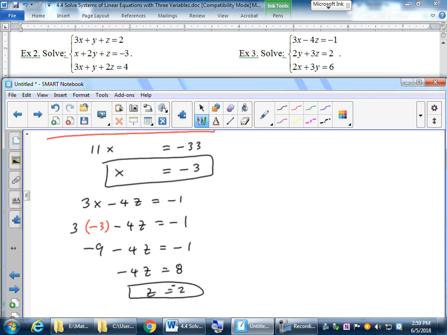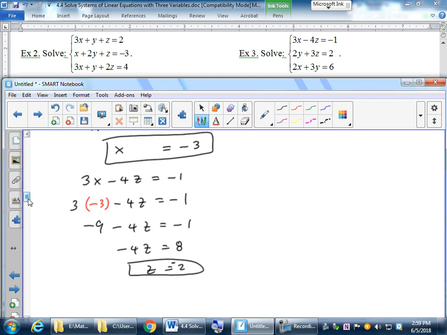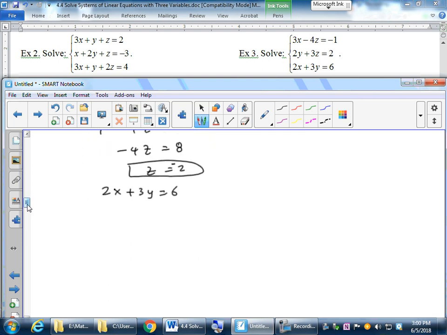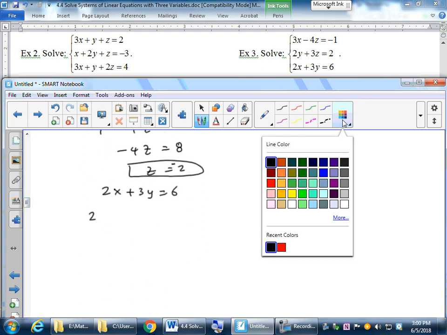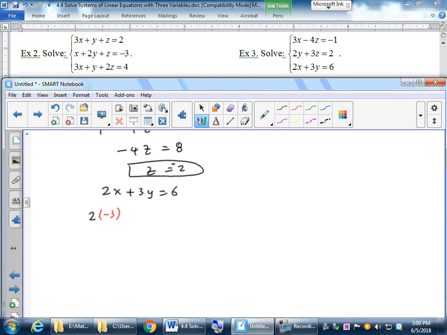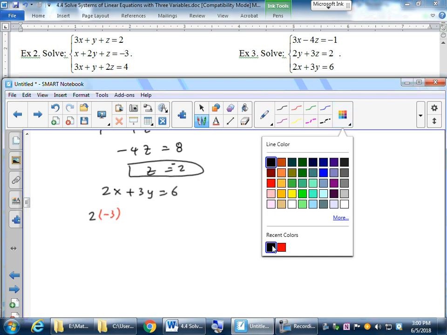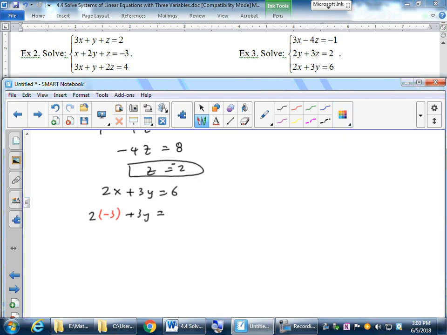And lastly, I'm going to substitute this value x into the third equation, which is 2x plus 3y equal to 6, to get my value of y. So again, 2 times negative 3 plus 3y equal to 6. So negative 6 plus 3y is equal to 6.